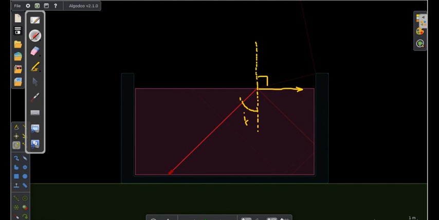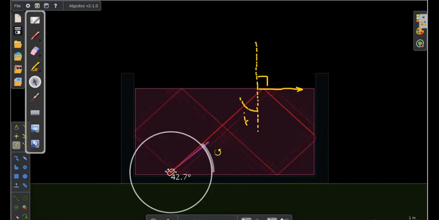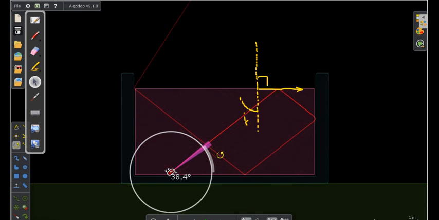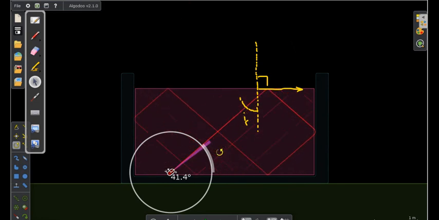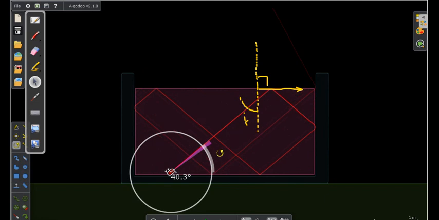Understand? Now let's say I increase the angle even further. What will happen? The ray gets completely reflected within the medium. This phenomenon of reflection is called total internal reflection.